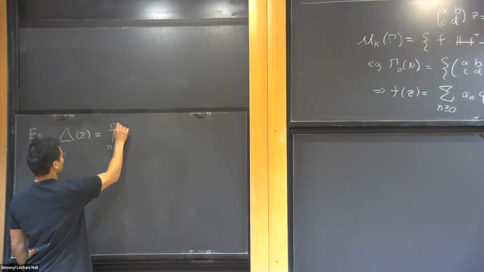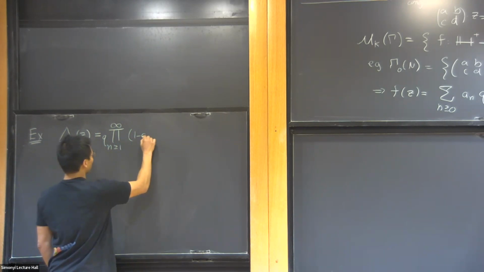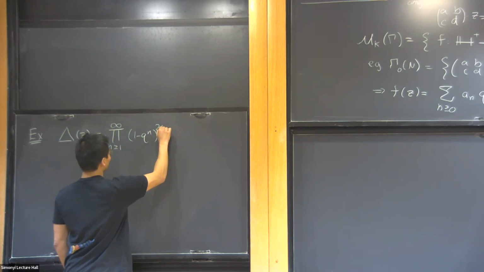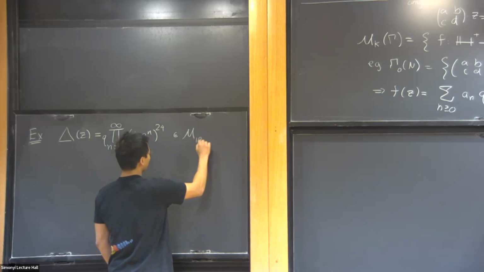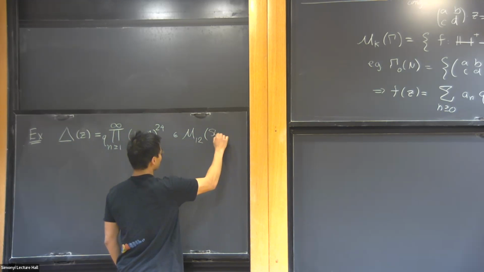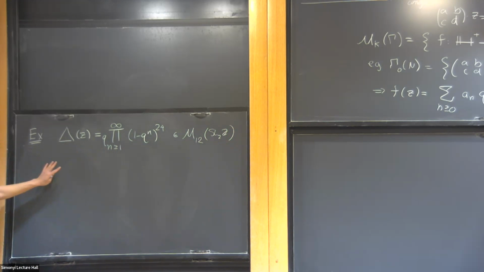It actually admits a kind of product description, like so. This turns out to be weight 12 and level 1, so let's say SL2Z. I want to think about this mod 11 specifically.